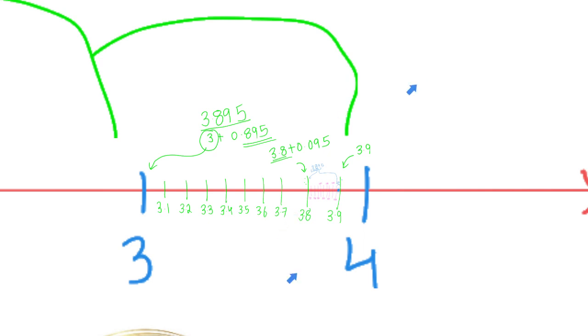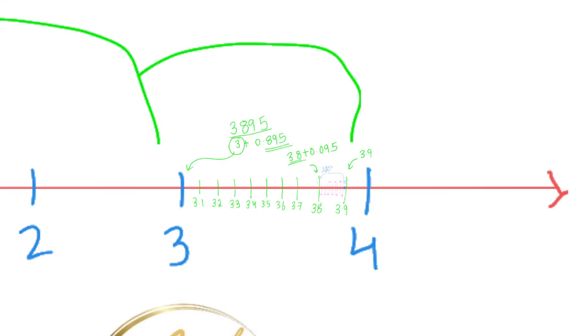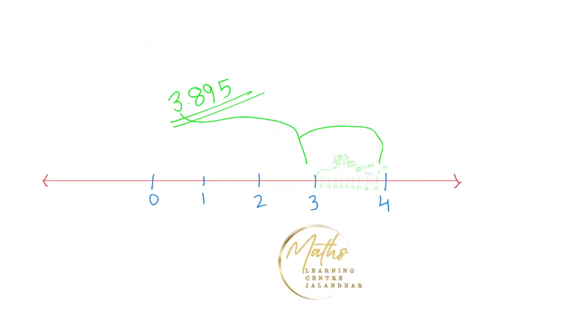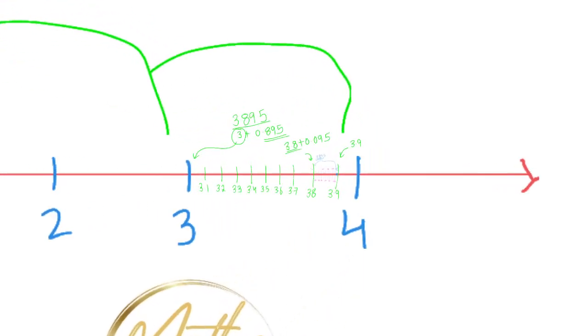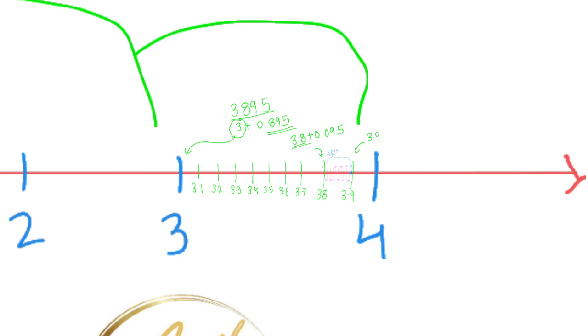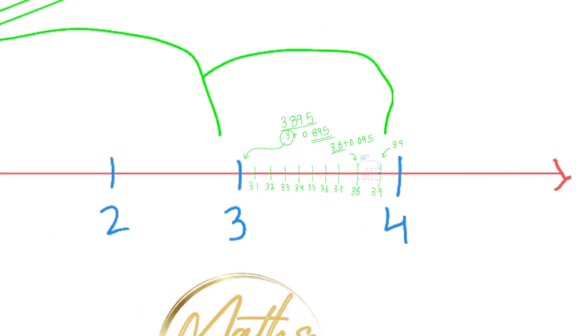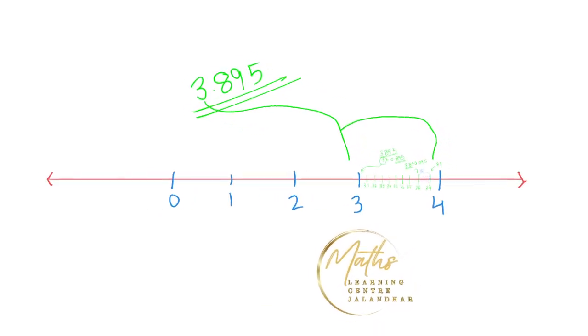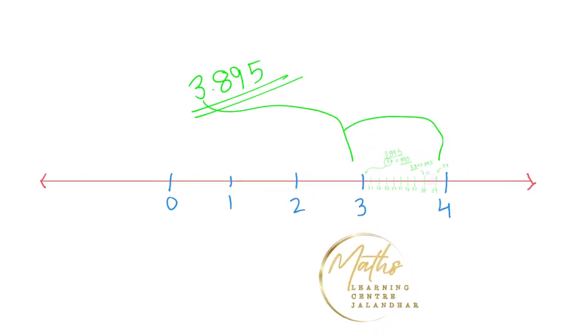So this is what successive magnification is: we first considered the portion 3 by 4, magnified it, divided it into 10 parts, and continuing in this way we obtain the exact location of the number 3.895 on the number line.